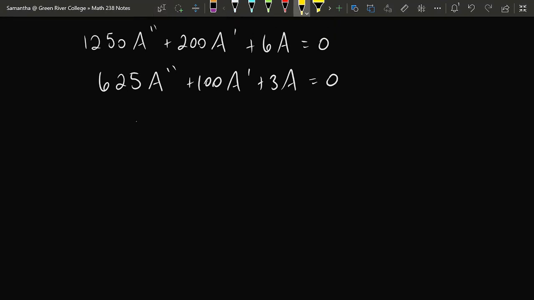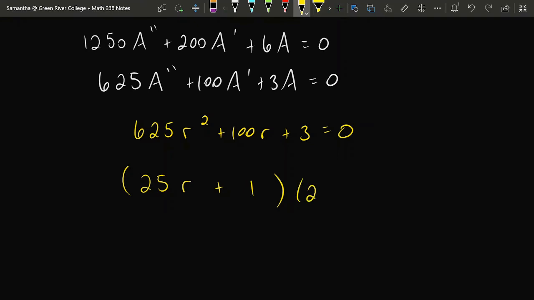To solve this, we can go ahead and rewrite this, giving us the auxiliary equation 625r squared plus 100r plus 3 equals 0, which, if I recall correctly, factors as 25r plus 1 times 25r plus 3 equals 0.